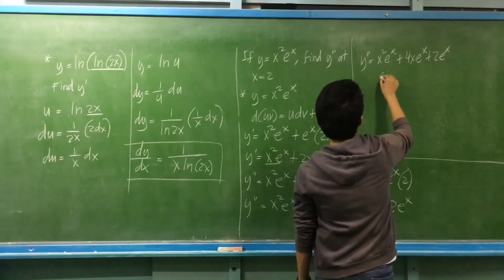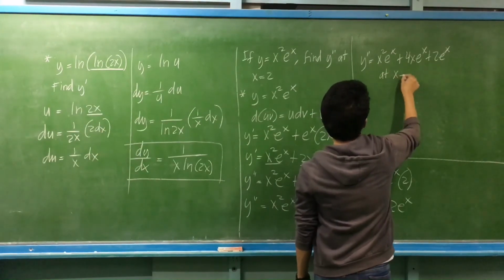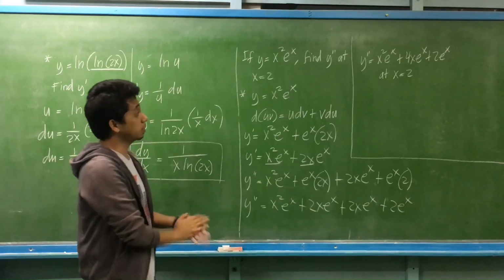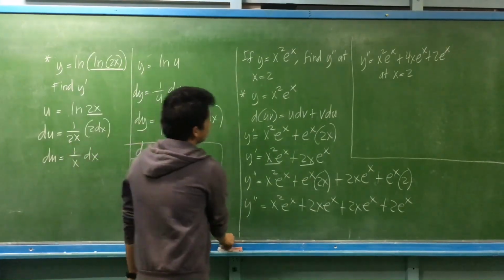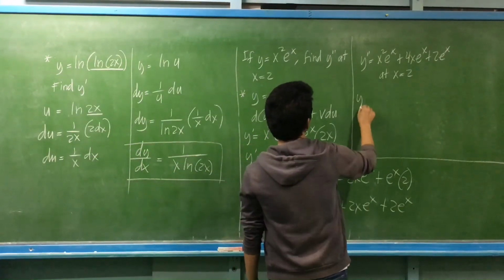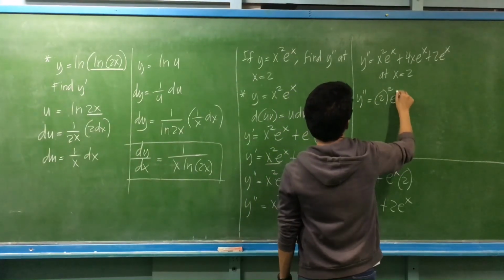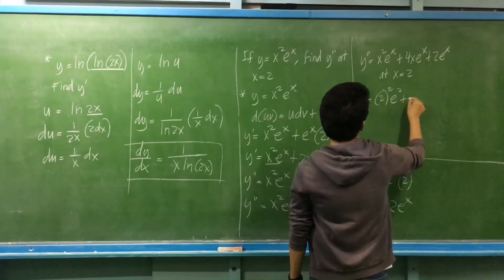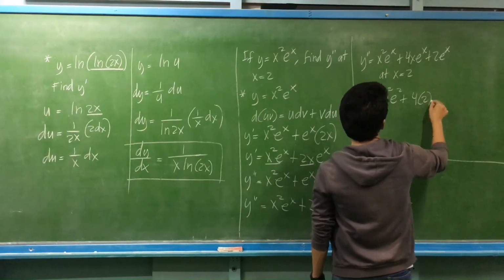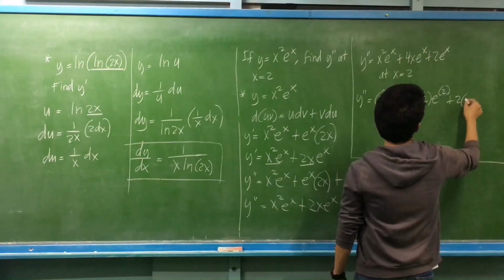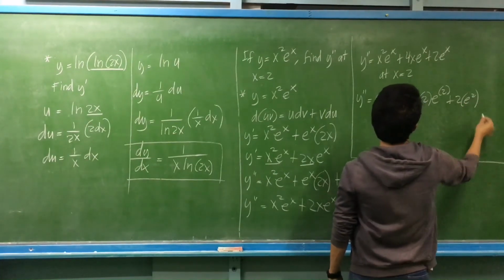So all you have to do is substitute all values of x with 2. We'll be having y double prime is now equal to 2 squared e squared plus 4 times 2 times e raised to 2 plus twice of e raised to 2.